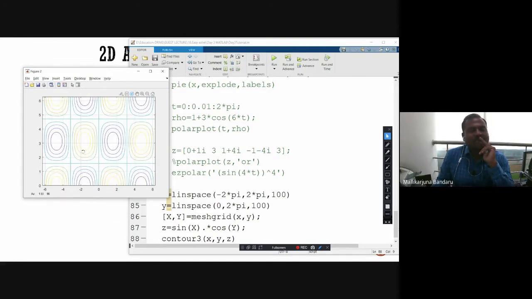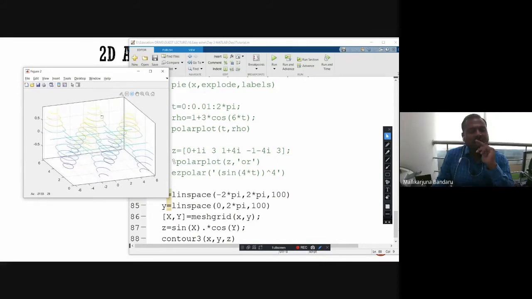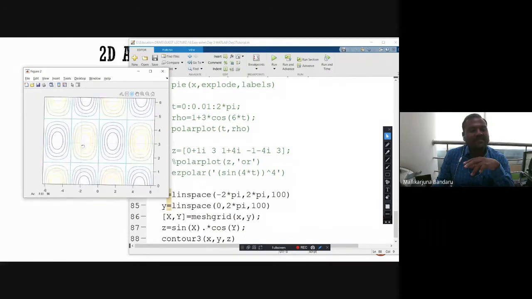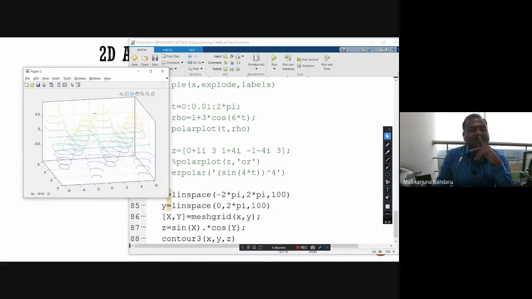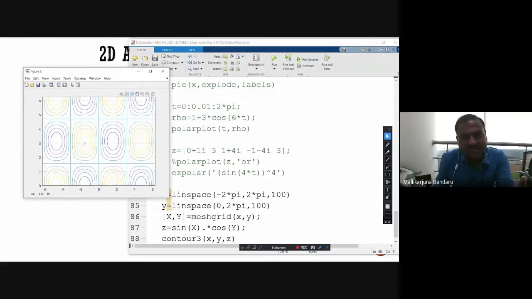What is meant by the contour? Whatever the 3D curve is like this, but looking at it from a certain angle like this, that is the contour actually. So this is the 3D visualization of that, and we are looking at a certain angle, how it appears, how it represents. So that is nothing but the contour.